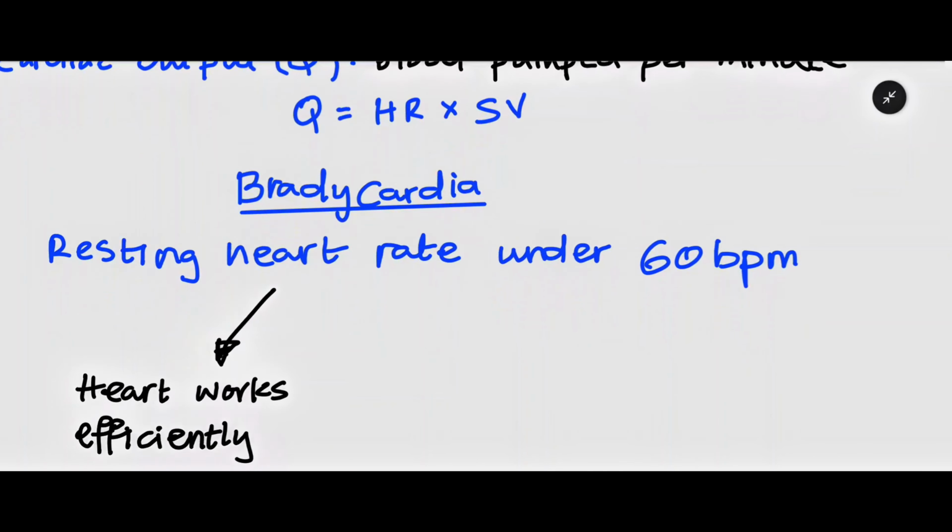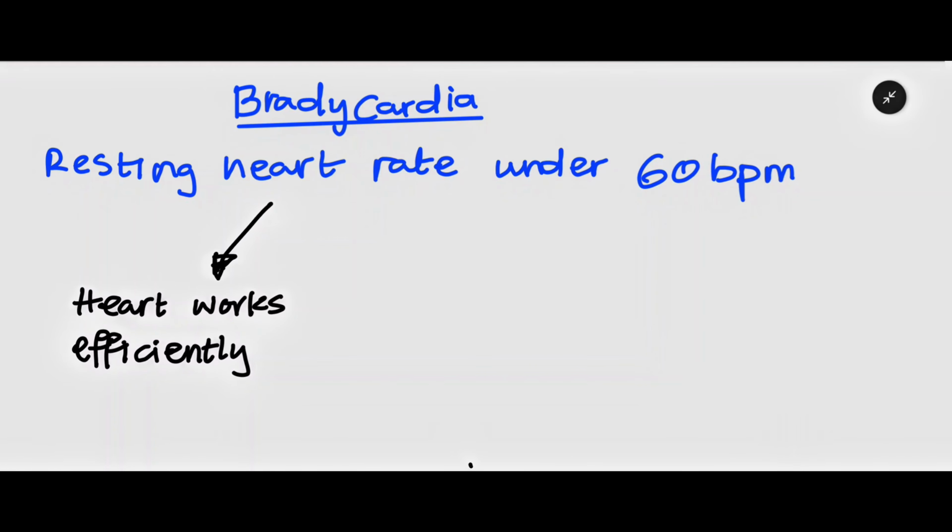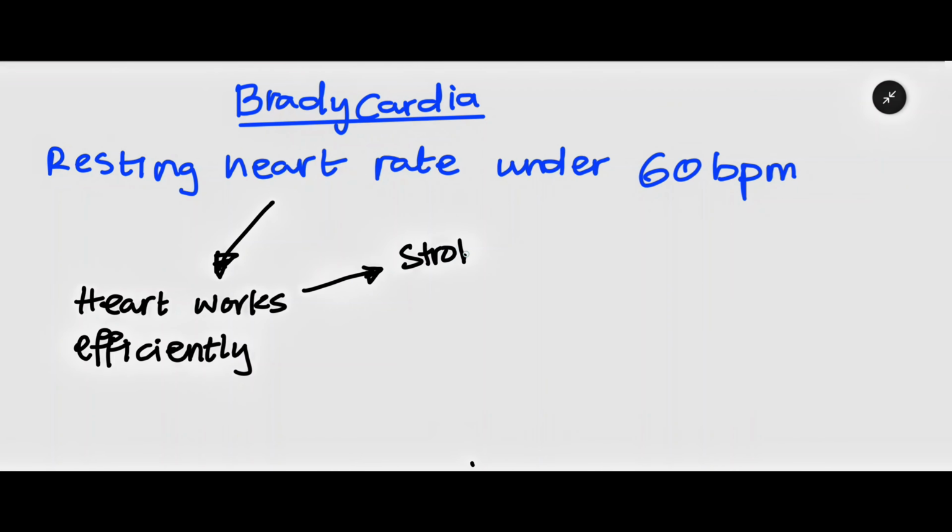All right, now let's define bradycardia. Bradycardia simply means a resting heart rate that is under 60 beats per minute. Basically, if you have a heart rate that is classed as bradycardia, this means that your heart is working more efficiently at rest. Why is this? Because having a really low heart rate means that the person is a trained athlete, but also means that they have a larger stroke volume.